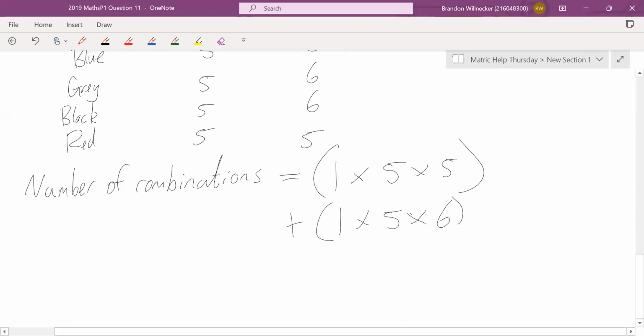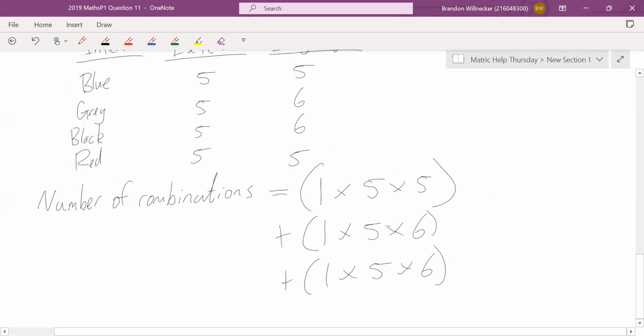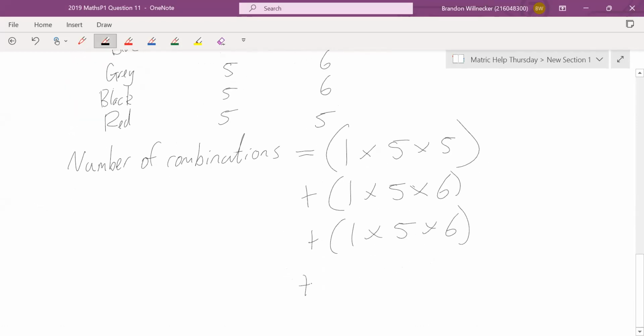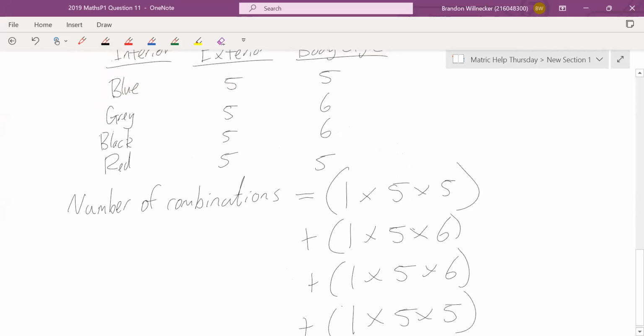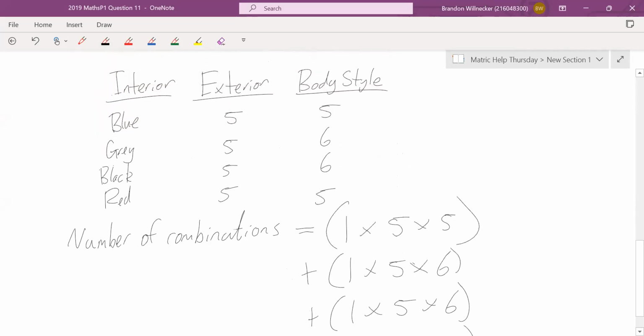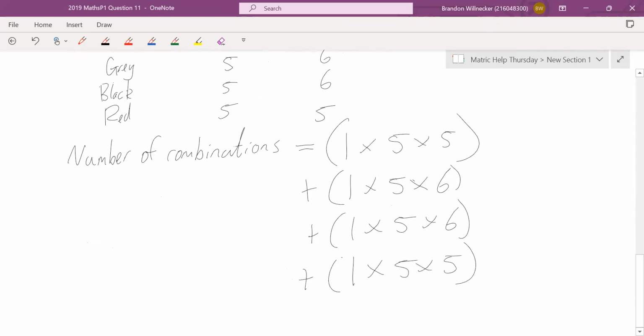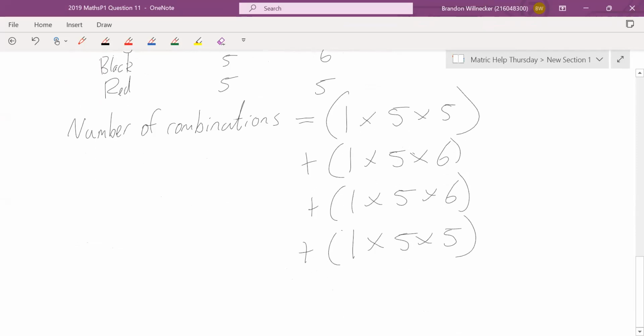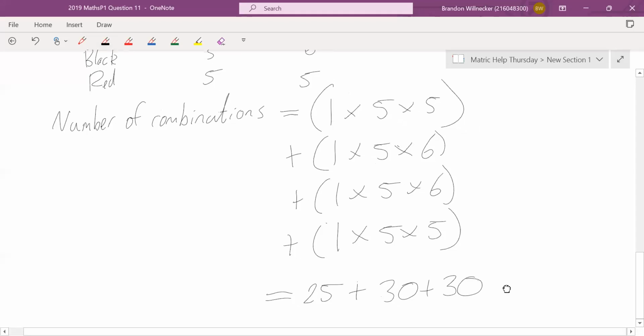Plus 1 times 5 times 6, that's our third pick if we're going down the list. Plus the last one will be 1 times 5 times 5. If we look down our table, blue, gray, black, red, those are our picks. We just multiply this out, add it together, and we get our result. So the first one's going to be 25 plus 30 plus 30 plus 25.